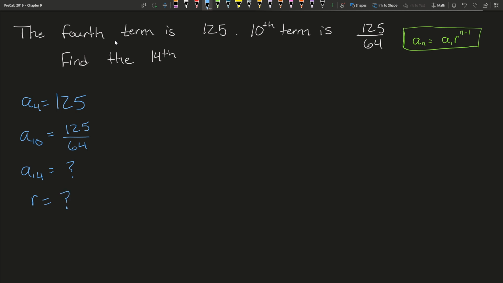Okay, and I want you to think just a minute about what a geometric sequence is actually saying and how we would get from the 4th term to the 10th term, and then from the 10th term to the 14th term.